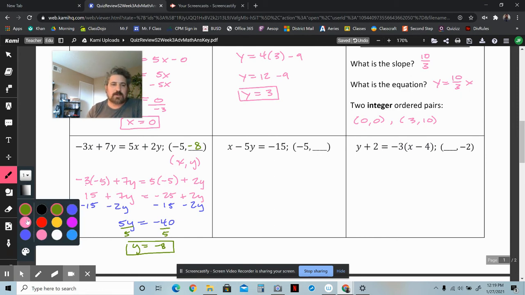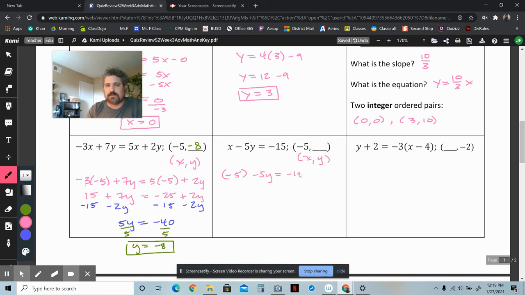For the next one, they want you to figure out what the y value is when x is negative 5 again. So we're going to replace x with negative 5. So you get negative 5, quantity of x, minus 5y is equal to negative 15. Now you want to get the value of y by itself, so we get rid of this minus 5. So you add 5 to both sides.